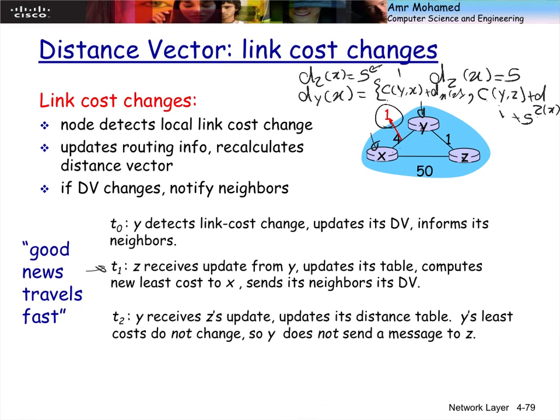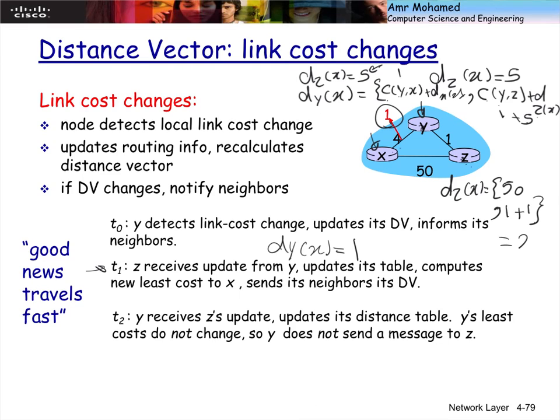So Z receives the new vector of distances from Y and from X. Now Z will have the information in the next time step that the distance between Y and X is 1. So Z will say that instead of the distance between Z and X being 5, I now have either the cost between Z and X, which is 50, or the cost between Z and Y, which is 1, plus the cost between Y and X, which is 1.